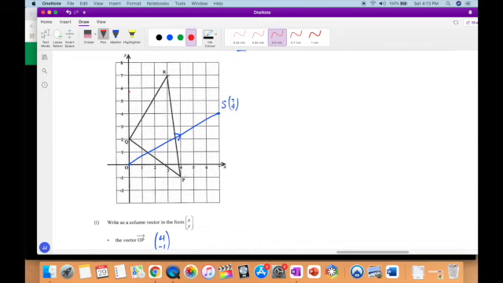PQRS. Show that PQRS is a parallelogram. How can I show that PQRS is a parallelogram? Stop overthinking.